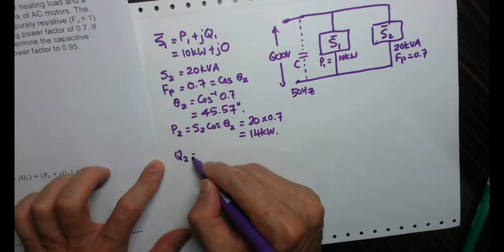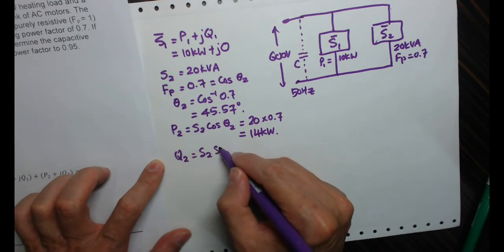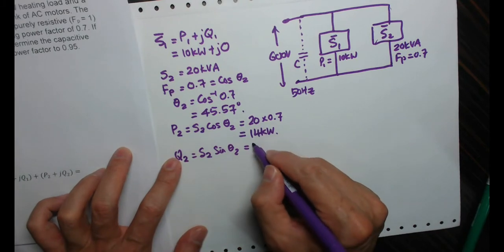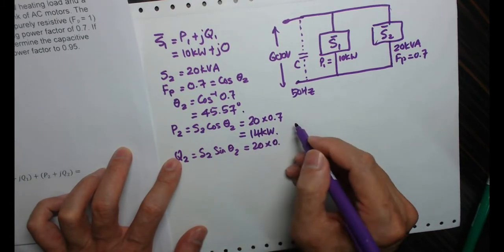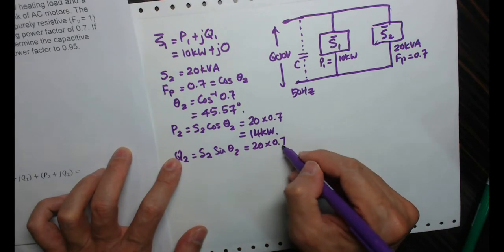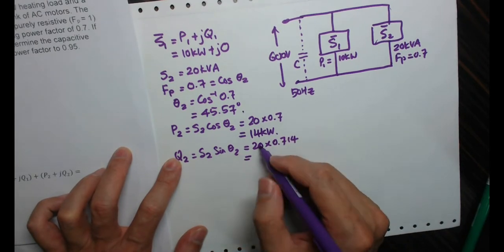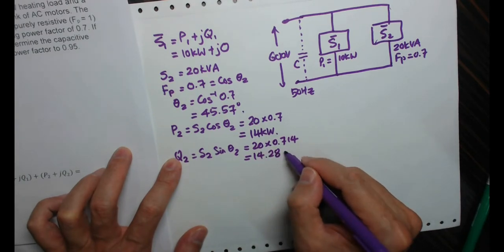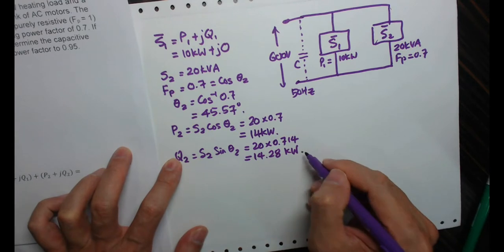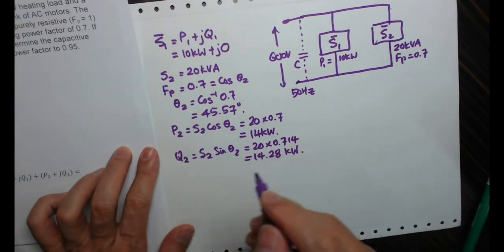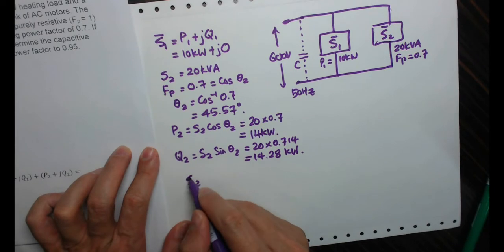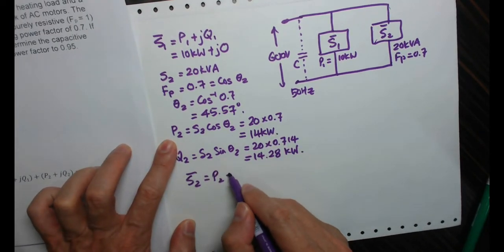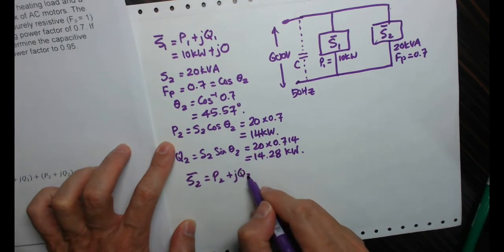The reactive power Q2 is S2 sine theta 2, which is 20 times 0.714. That gives me about 14.28 kilowatt. In other words, S2 can be written as P2 plus jQ2.